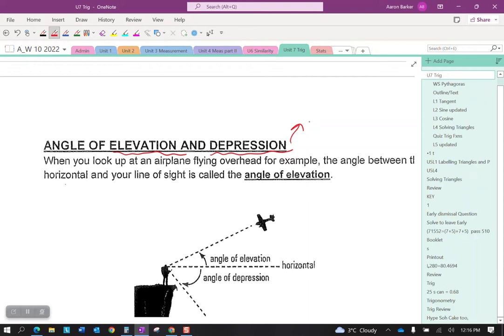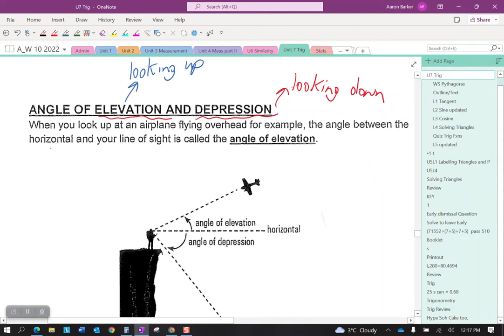Down, right? So with depression, you're looking down. But when you're happy and you're excited and things are going your way, you're looking the other direction. When you're elevated and happy, you're looking up. And so that's important to know whether you're looking down or looking up, talking about angle of depression, angle of elevation.